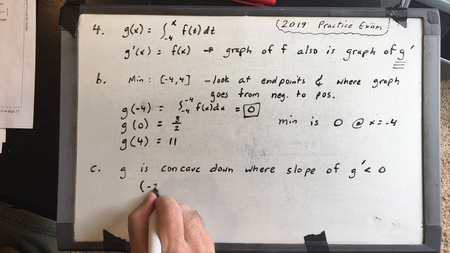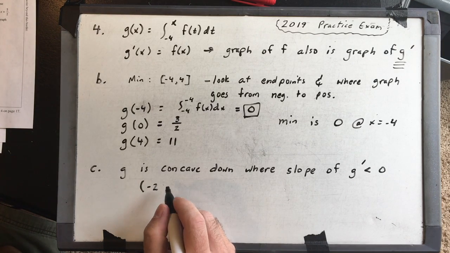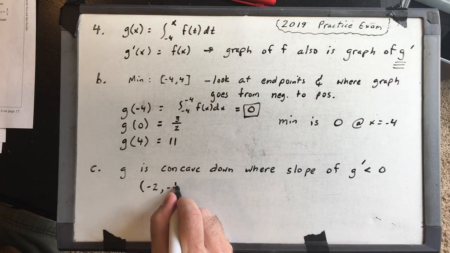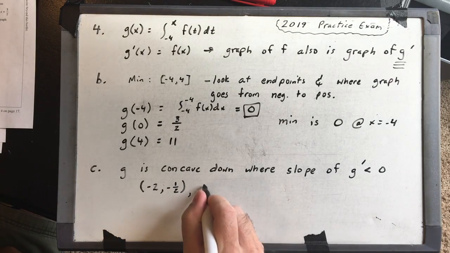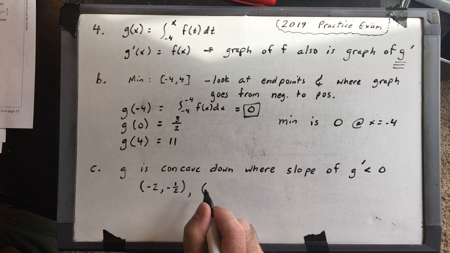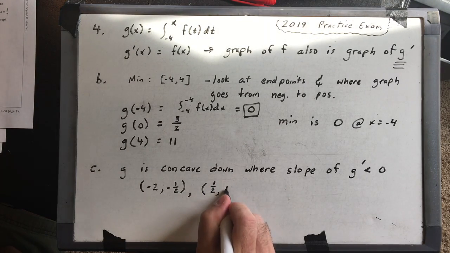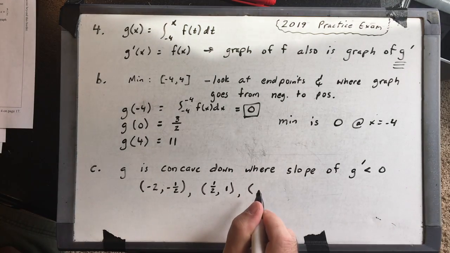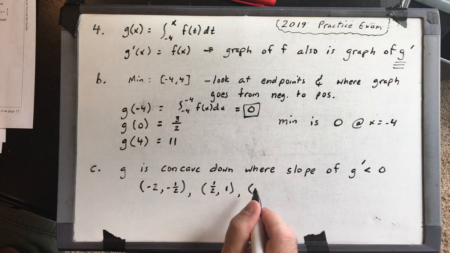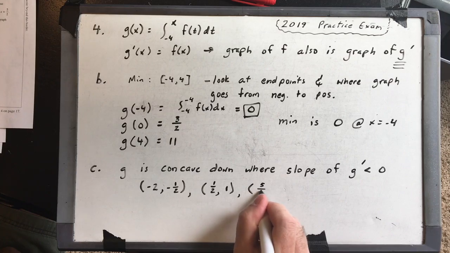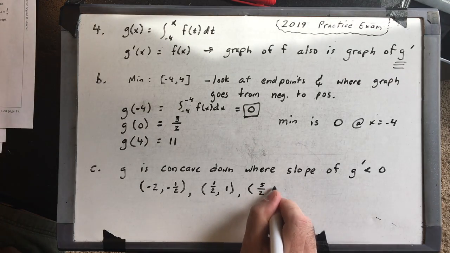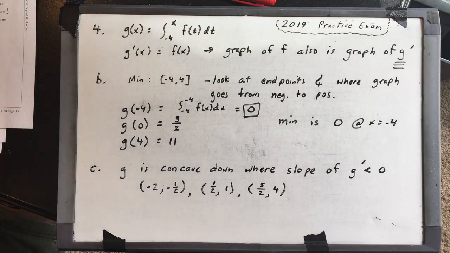So negative 2 to negative 1/2, from 1/2 to 1, and then the third place the slope is negative is 2.5, so that'd be 5/2 to 4. Okay, so you got to have the explanation, then put the intervals, and boom, you're done.